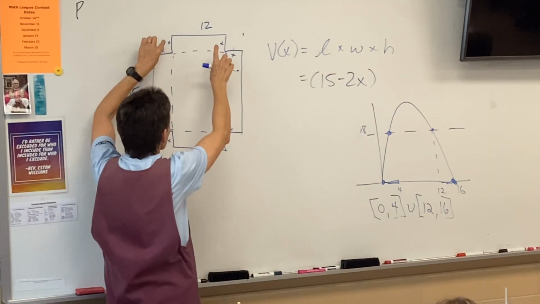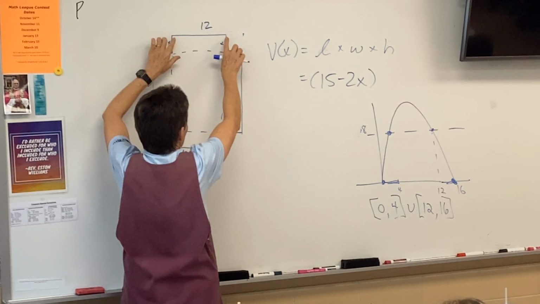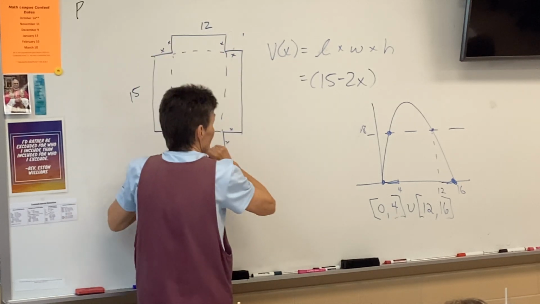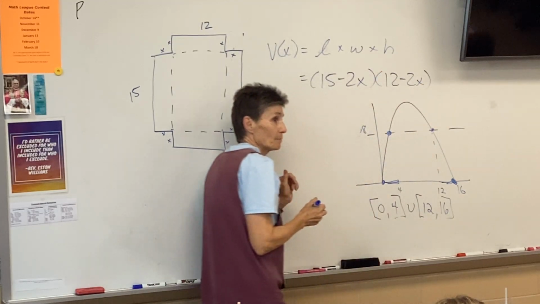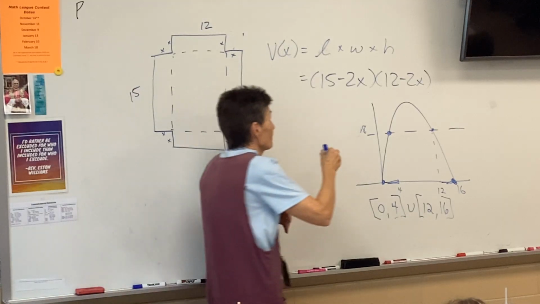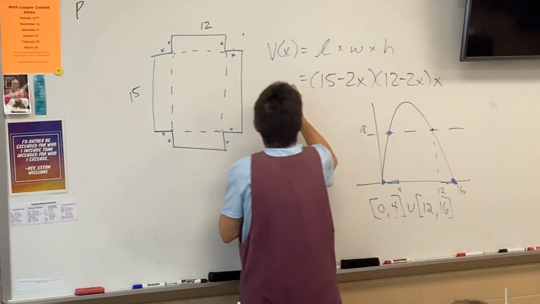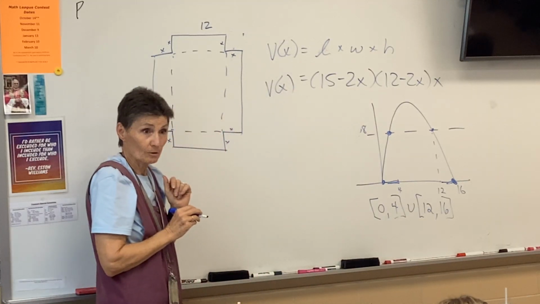And then the width was 12, but it's now going to be 12 minus 2x. And then what's the height of the box? X. Does that look okay to everybody?